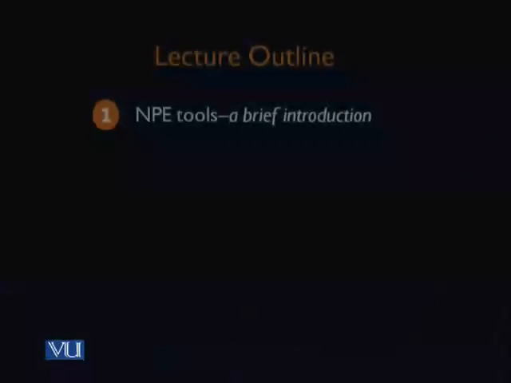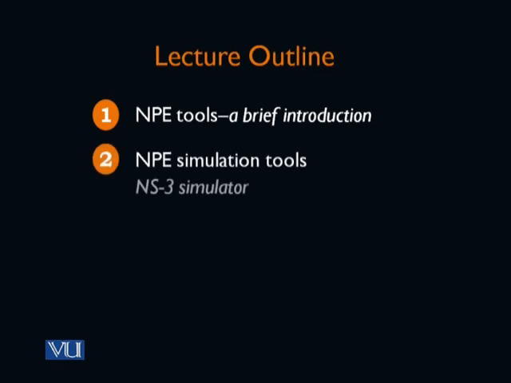Let me give you an outline of today's session. In the first part, I'm going to talk about these three methods that I've just outlined, and their advantages and disadvantages. In the second part, we're going to talk about network performance evaluation simulation tools.